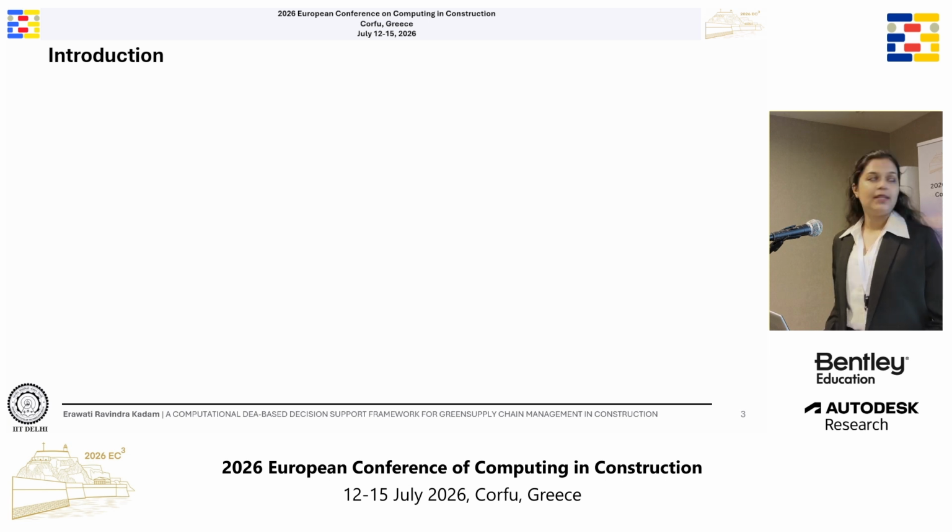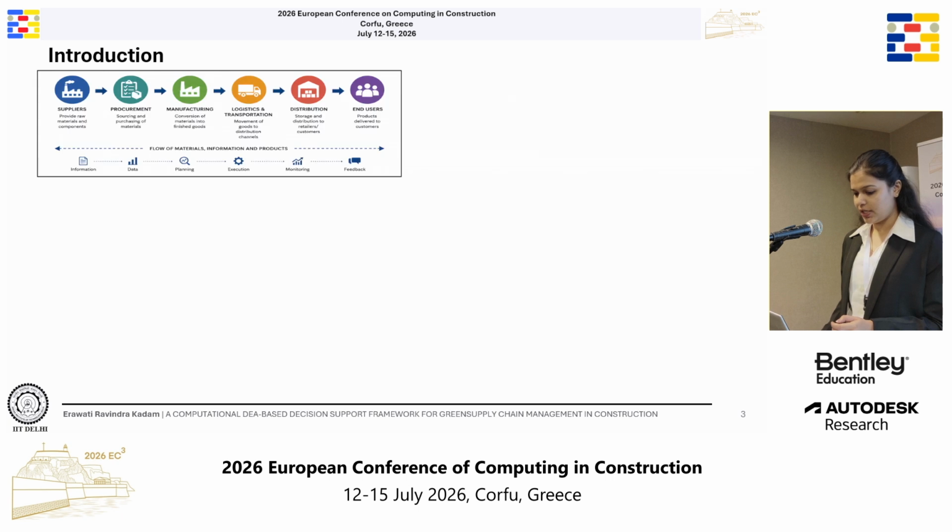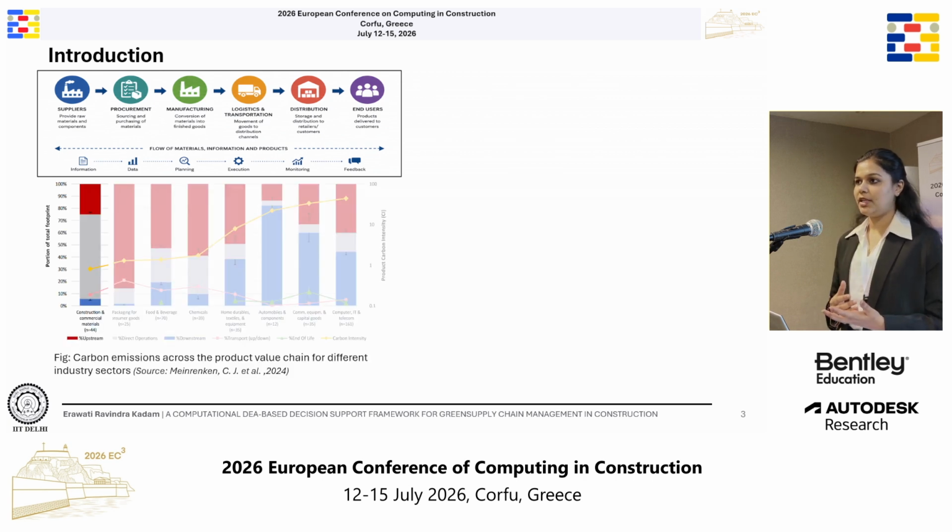Now moving towards the introduction, we know that every industry begins with the supply chain, which contains the flow of material, information, and product from supplier to the client. These stages can cause many environmental impacts and need many resources.